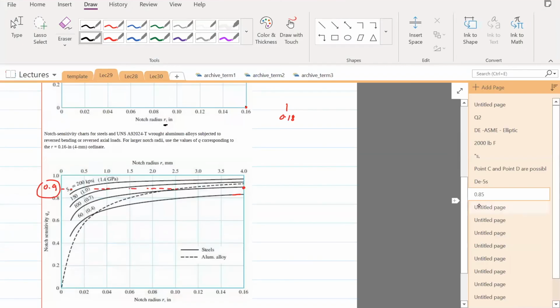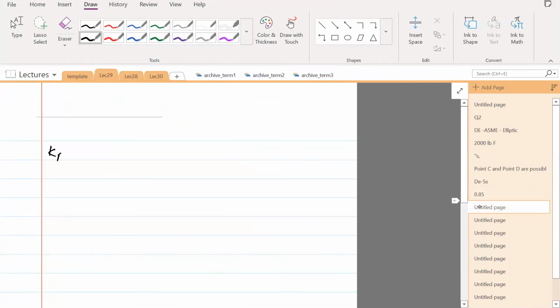Okay, so let's now compute KF. KF is 1 plus Q times (KT minus 1).